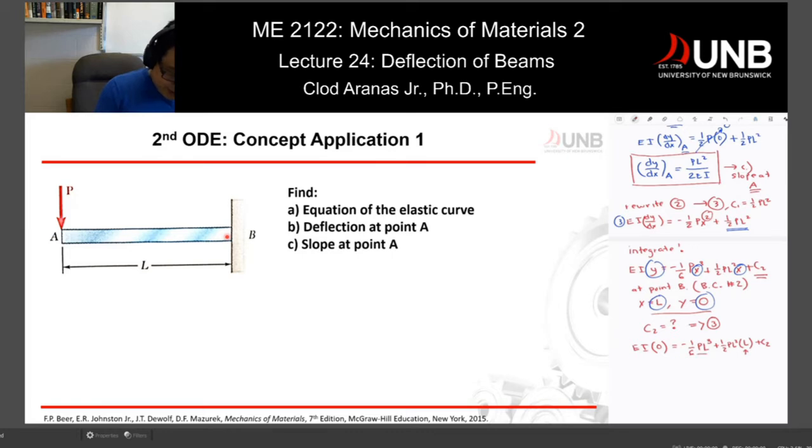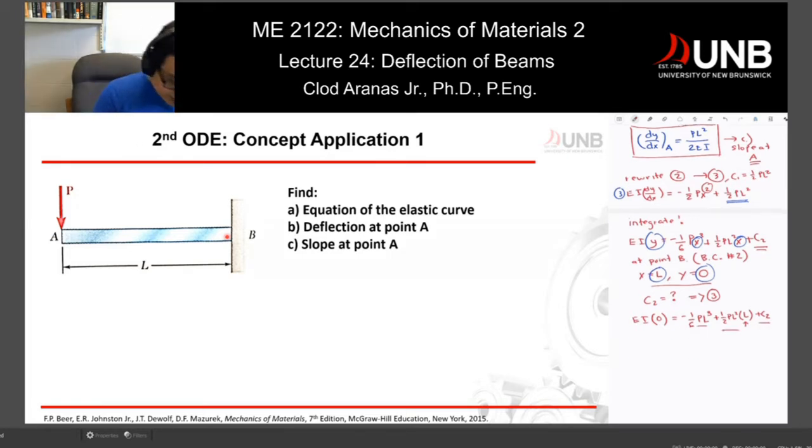Now, I can calculate for my C sub 2. And my C sub 2 is just equal to negative 1 over 3 P L raised to 3. So that would be my value for C sub 2.